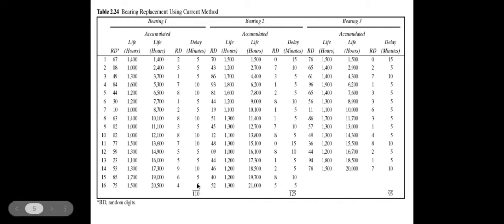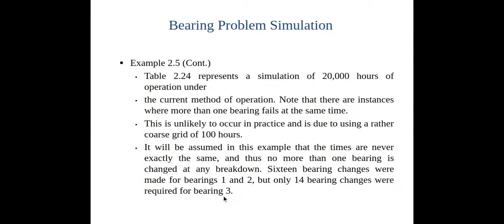We will get all those delay times for individual bearing changes, and from this we can calculate. This is actually the representation of the 20,000 hours I mentioned in the previous slides.